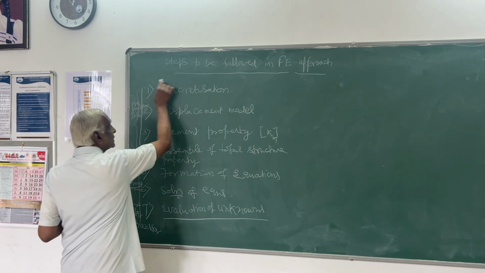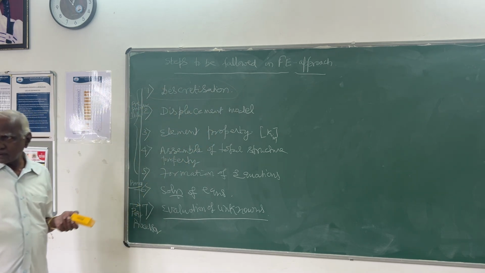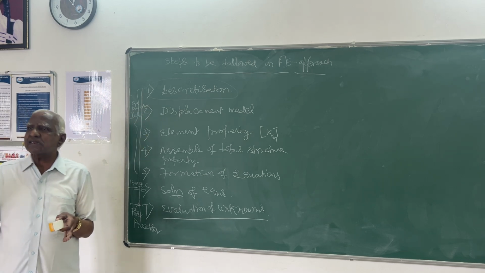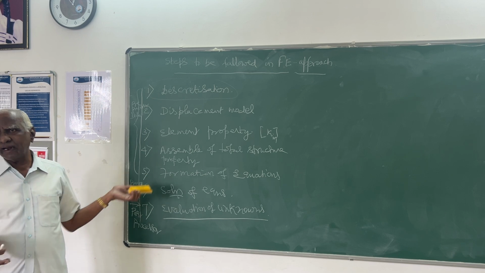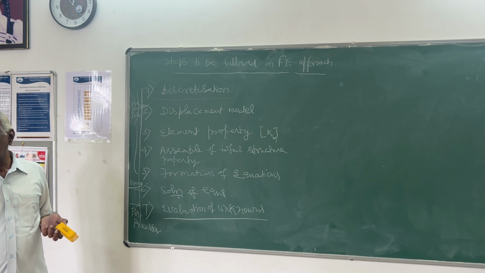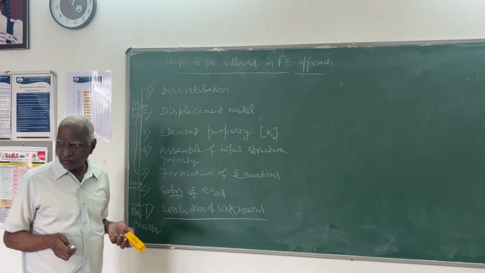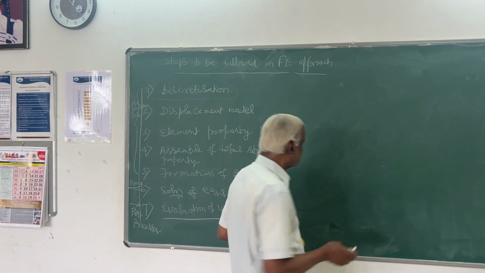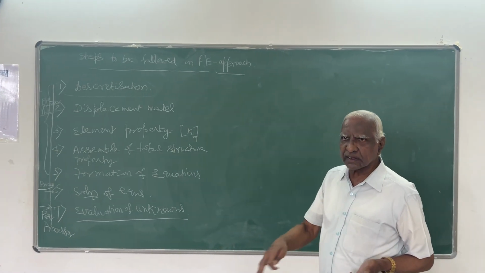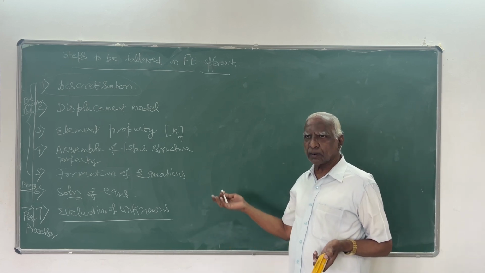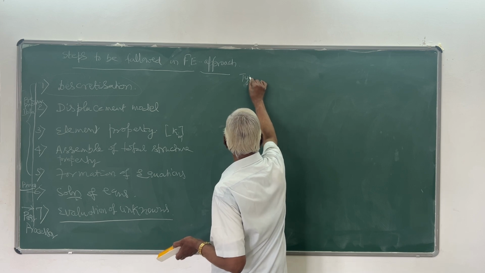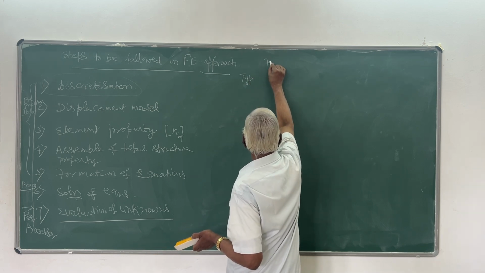I have already explained this step, except I have not told you the various types of elements we use for our analysis. Here we have only one-dimensional problem analysis, mainly in structures. So depending upon the type of problem, whether it is a 1D, 2D or 3D problem, you have to select different elements.